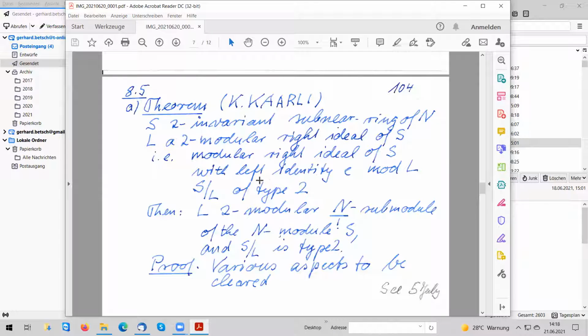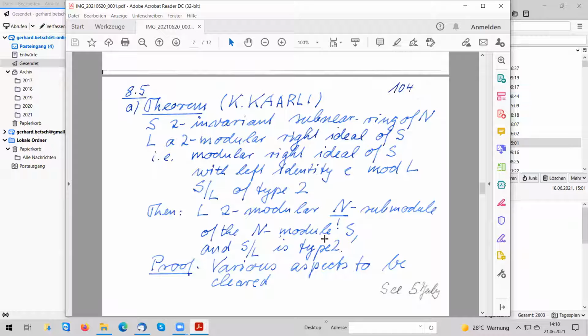I must say we had a long discussion, Günter Pilz and I, on this proof, and I'm still not completely satisfied. I'll give the proof next time.